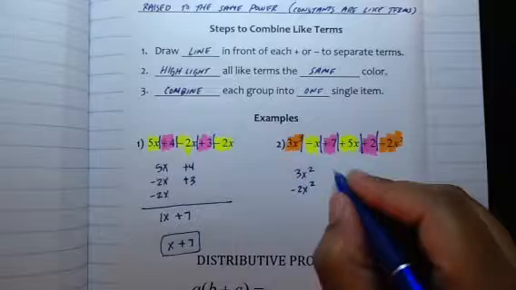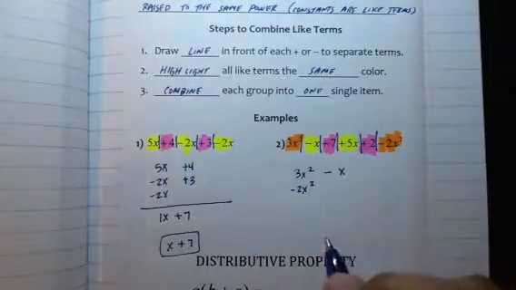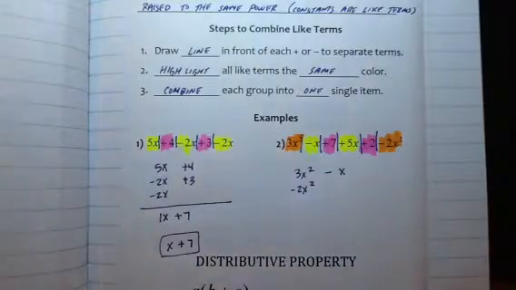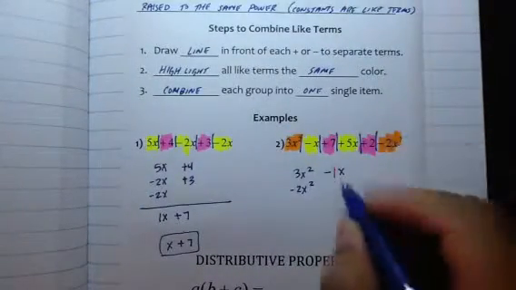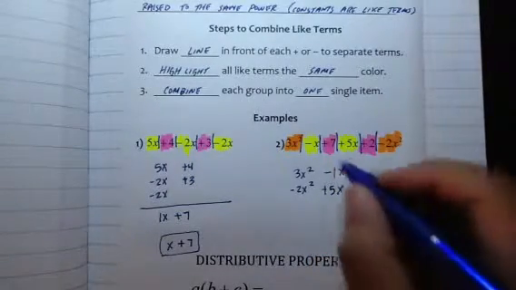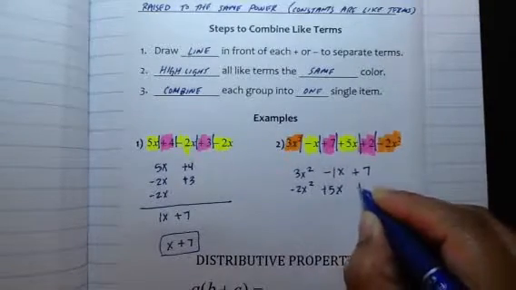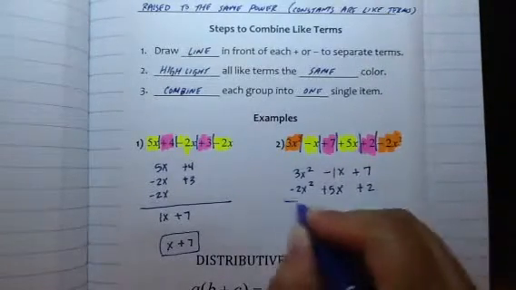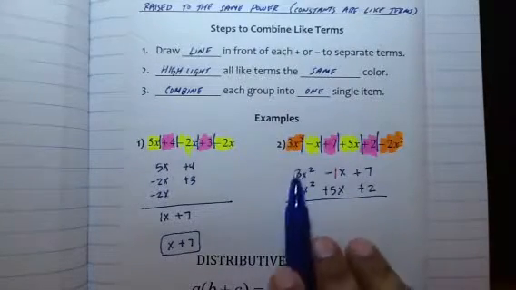I have a negative x. And I'm going to go ahead and put the imaginary 1 there so I don't forget that it's there. Plus 5x. And then I'm going to do the pink terms, positive 7 plus 2.